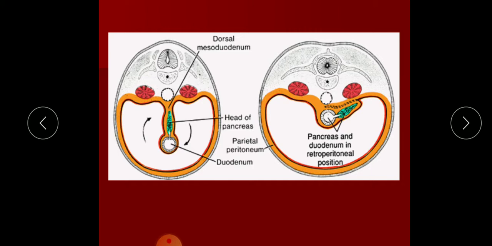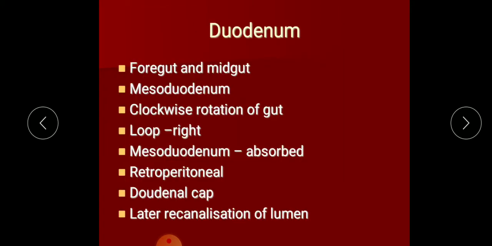Fine. So I am using the term retroperitoneal. Don't think the whole of your duodenum is retroperitoneal. No. The initial 1 to 2 centimeters of duodenum in the first part still will have some remnants of mesoduodenum attached to it, which makes it non-peritoneal. All other regions will be retroperitoneal. So the duodenum is derived both from foregut and midgut.